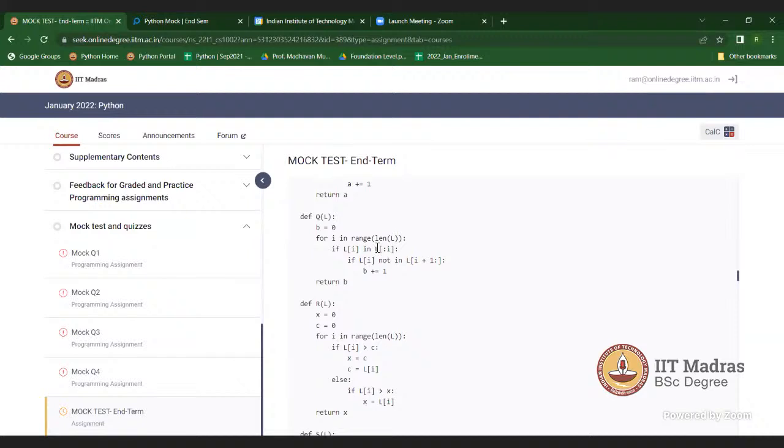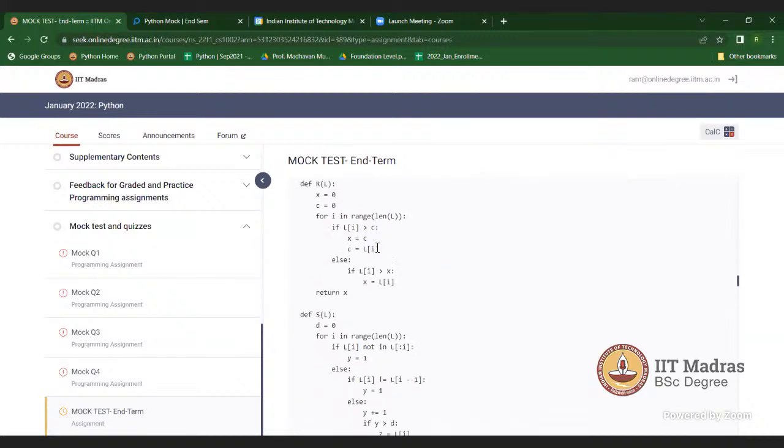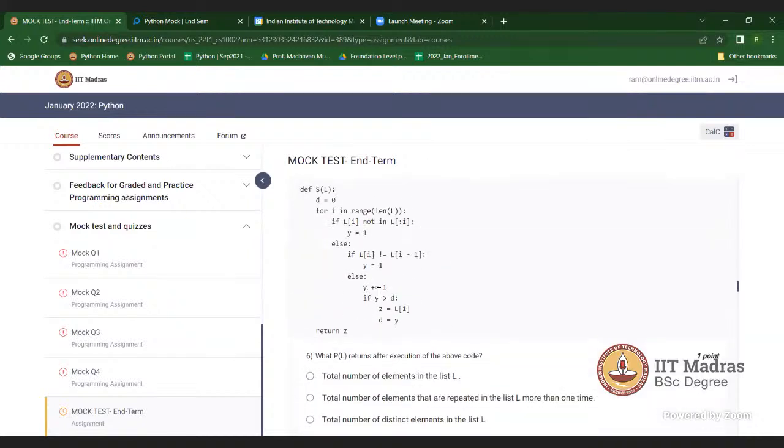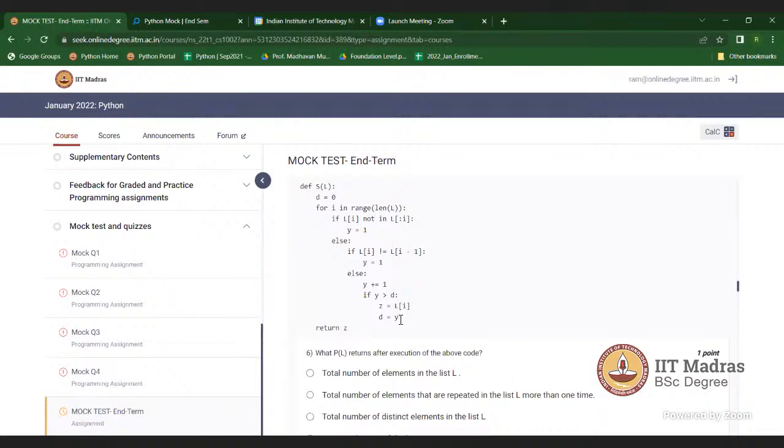Where are we defining y? Okay, y plus equals to 1. If y is greater than d, then z equals to L of y, d equals to y. Until this it's clear. Else y plus equals to 1.